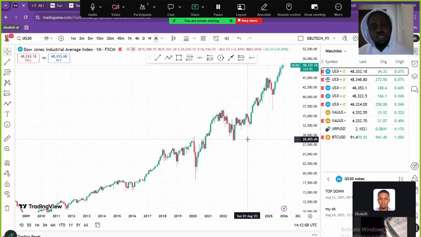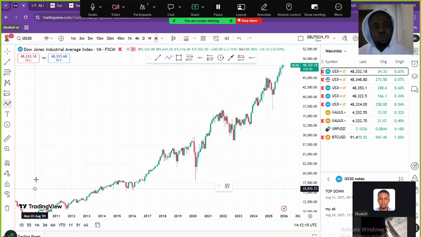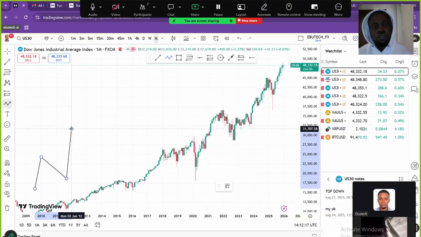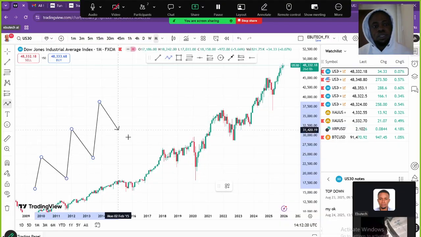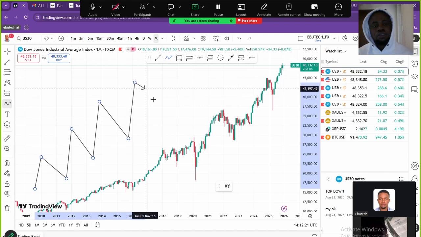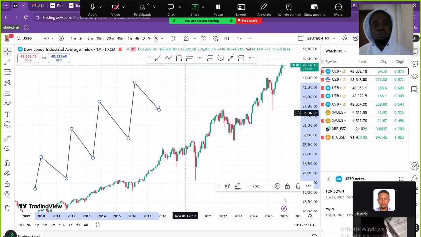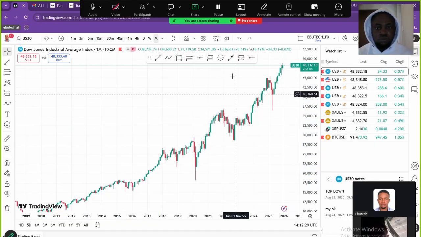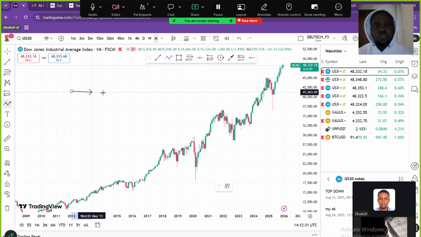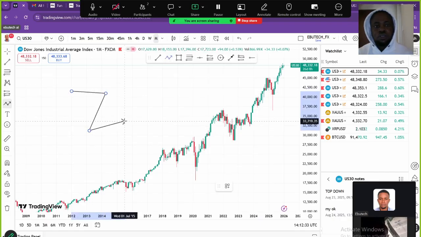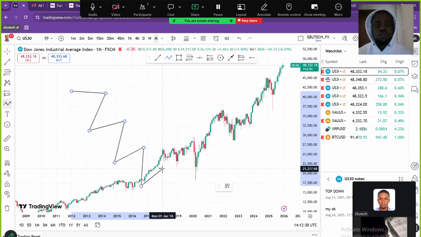So once you see that the market is moving up, like this, like this, like this, you know that the market is in an uptrend, right? So when the market is moving like this, you know that the market is what?